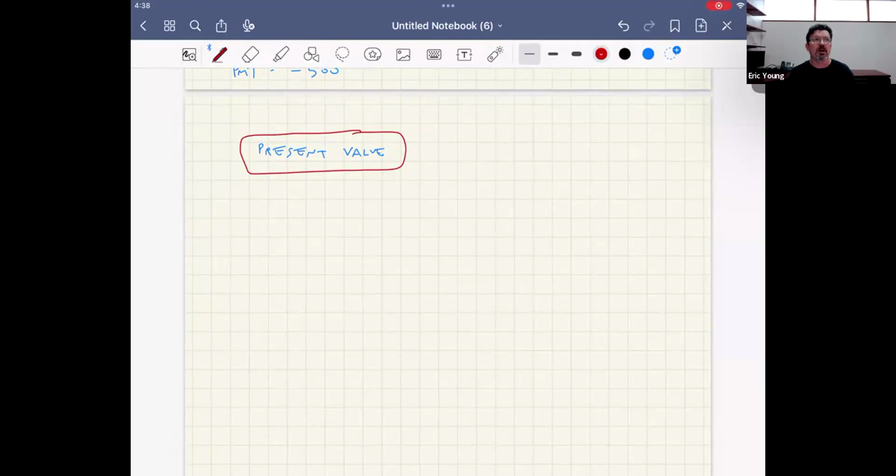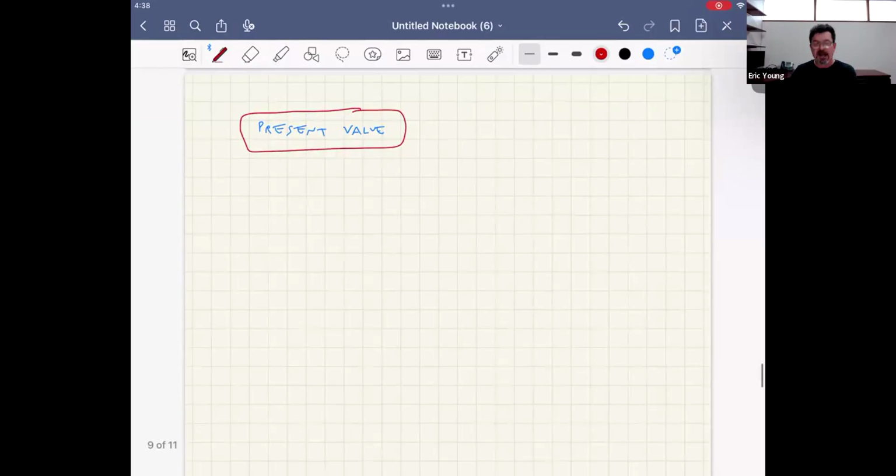In other words, you're promised some money in the future or you want to have a particular amount in the future. How much is that money worth today given a particular interest rate and a certain number of time periods? So let's think about this and let's do a real simple question and we'll lay it out.